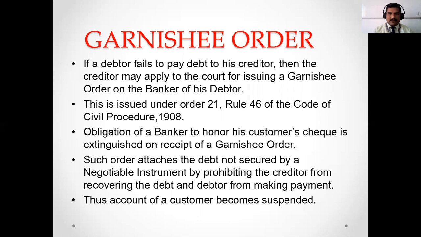Now I tell you what is the content of the garnishee order. If the bank customer against whom the order is issued is liable to pay any amount to any third party, and the customer fails to pay, then the third party will file a case in the court, saying that the customer wanted to pay but never paid me, so I want to get back my money.